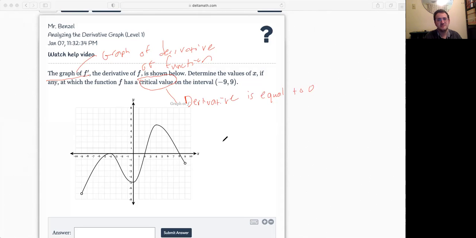So note that critical value means that f prime of x is equal to 0. So we're looking for where the function is hitting this red line. And it is hitting precisely at -4, 2, and 8.